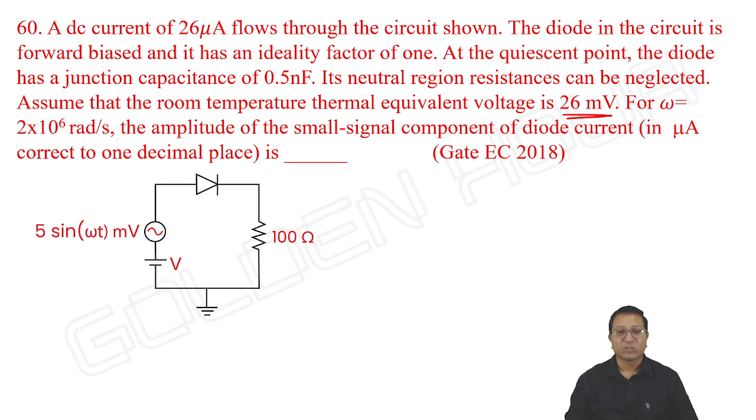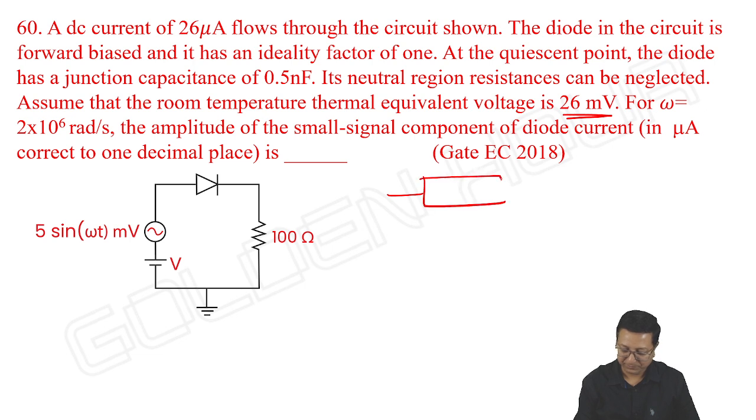Okay. Small signal model, and it's a high frequency response, I can say. Actually, if you take a PN junction diode, it has an internal junction capacitance. We know that, right?